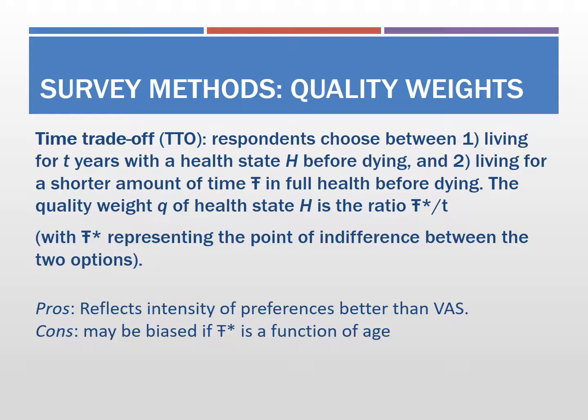And the closer they are to that age, they will choose to have full health instead of being in poor health and living a little bit longer. So there are some biases also reflected in this survey.